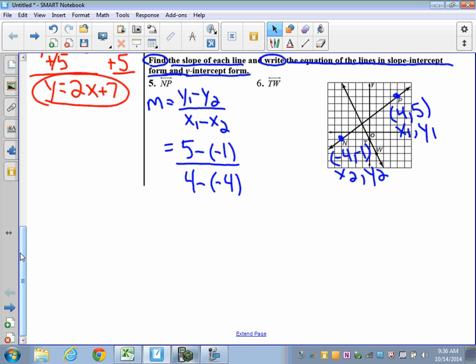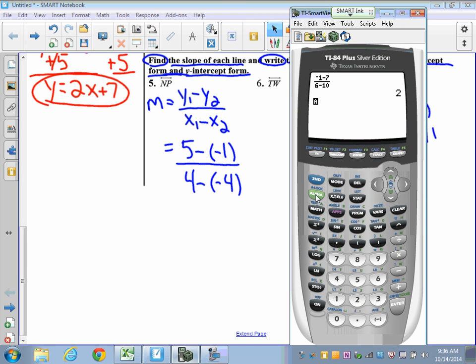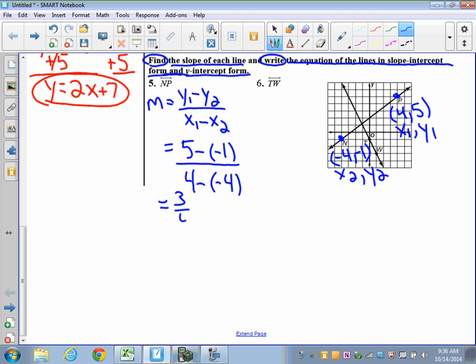Just to show you the calculator trick again, alpha y equals, enter, 5 minus -1 over 4 minus -4. The nice thing about this is I don't need to worry about parentheses. I don't need to worry about switching the signs. It does it all for me. So the slope is 3 over 4. So I found the slope.